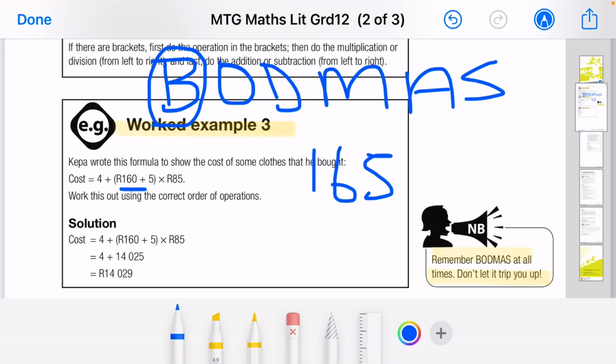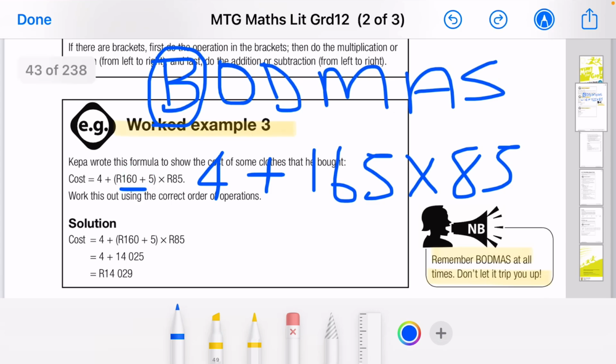Okay, so anything else remains the same, ladies and gentlemen. What you did was just work out what is inside the brackets.